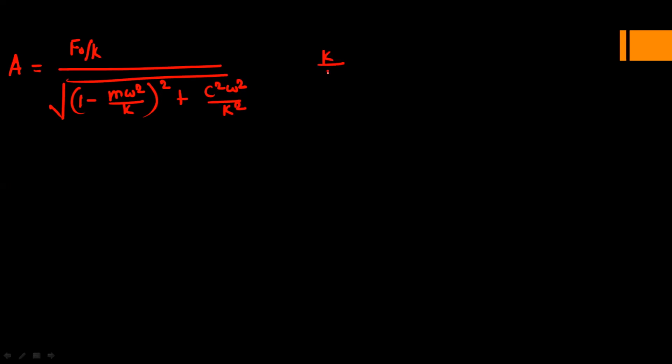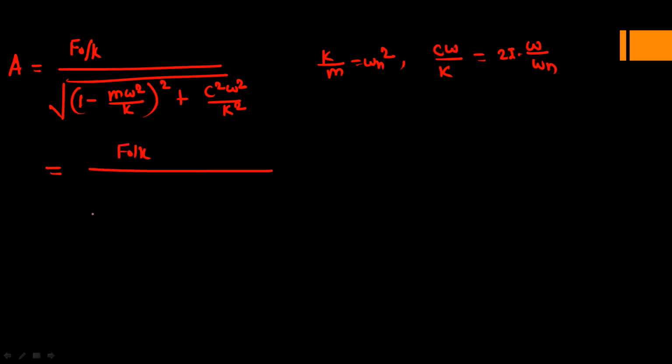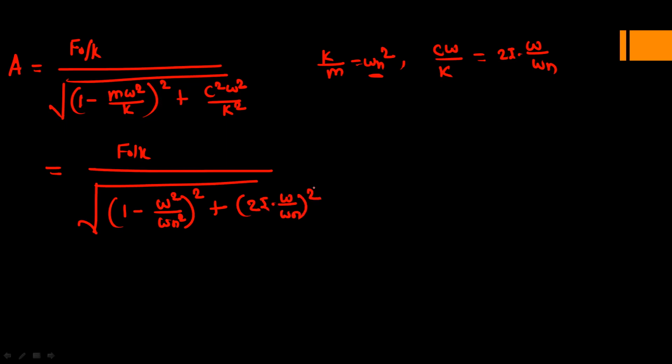So we have the equation K upon M is equal to omega n square, and C omega upon K is equal to 2 zeta omega upon omega n. So take M in the denominator, so it will become K upon M, and that is nothing but omega n square. So 1 minus omega square upon omega n square bracket square plus C omega upon K is nothing but this complete value, 2 zeta omega upon omega n bracket square.